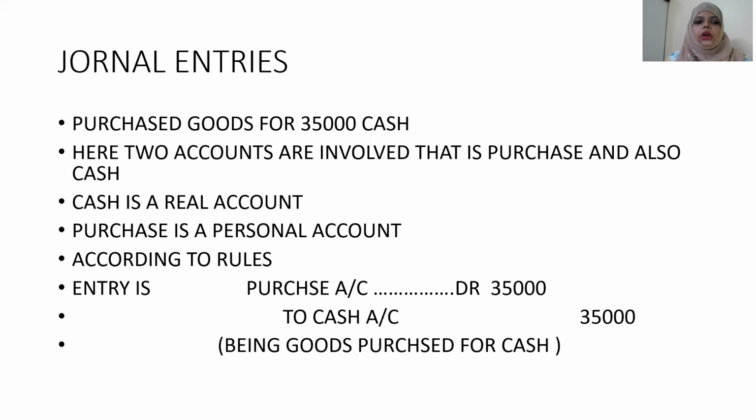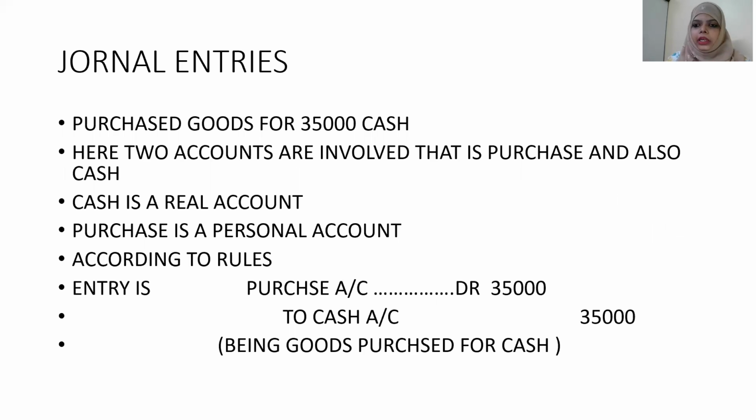Journal entries. Purchase of goods rupees 35,000. There are two accounts involved. First one is purchase and second one is cash. Cash is a real account and purchase is a personal account, because a particular person goes and buys the product.